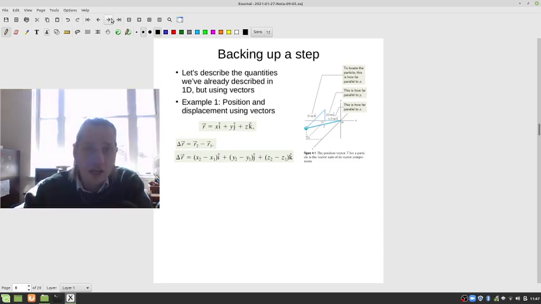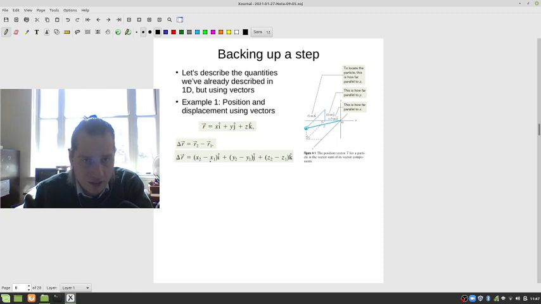So for instance, if we just had our position in x that was along a number line, we can now have a vector for position with x, y, and z. And if we had our displacement, which was our final position minus our initial position, well, before we were doing that just in one dimension, so we had our final position in x minus our initial position in x, but we can also do that in 3 dimensions.